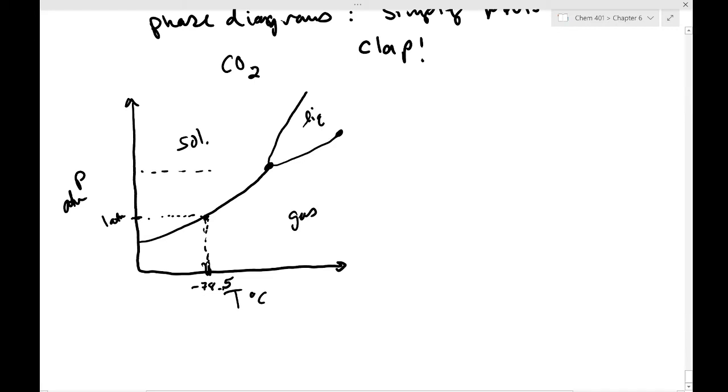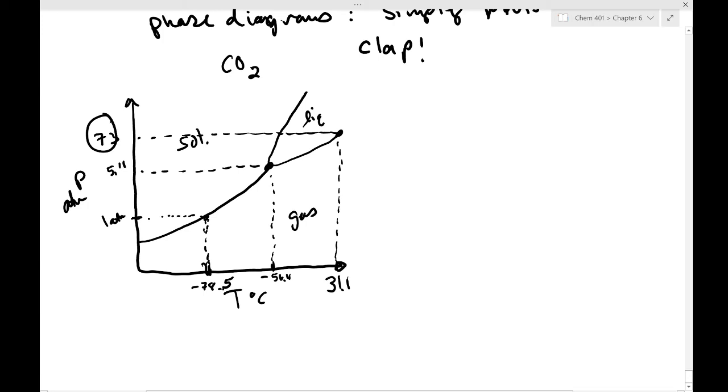The triple point exists at 5.11 atmospheres and a temperature of negative 56.4 degrees Celsius. If you go above that temperature and above that pressure, you get to the critical point up here, which is at 73 atmospheres, so extremely high pressure, and a temperature of around 31.1 degrees C. So a balmy day, essentially, but crushing pressure.